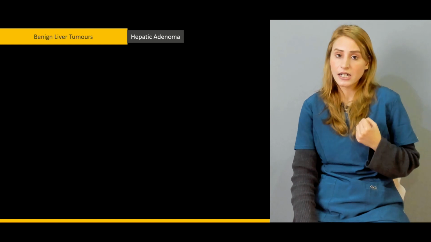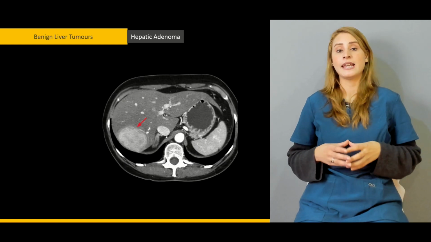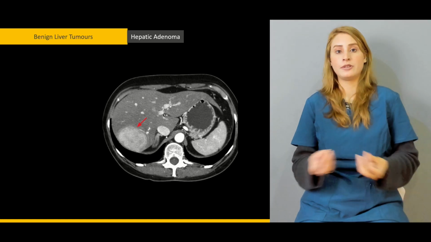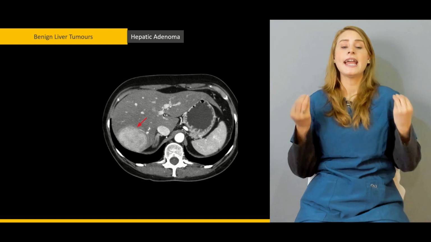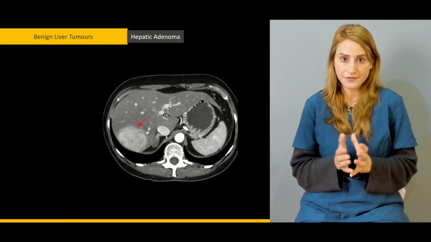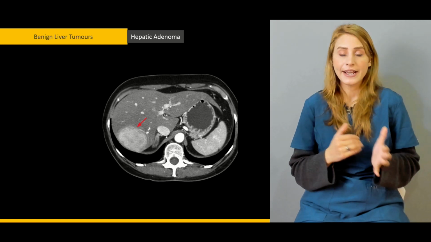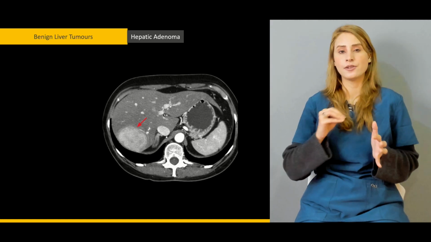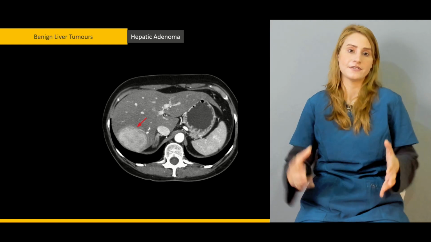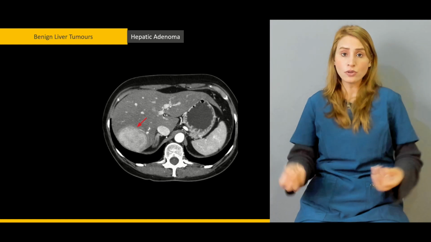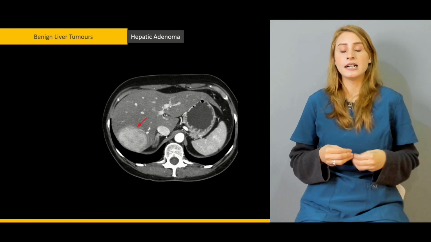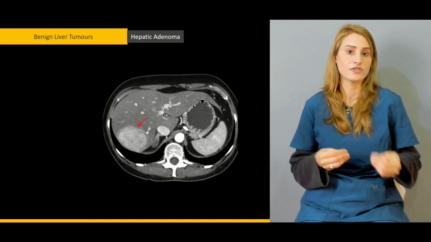And there's another benign liver tumor which is called hepatic adenomas. And let me tell you, these are vascular benign tumors, and they are very well defined. They are irregular, and if we talk about the age group, they're mostly ranging between 25 to 40 years, and are more common in women, and especially the women who are using oral contraceptive pills.